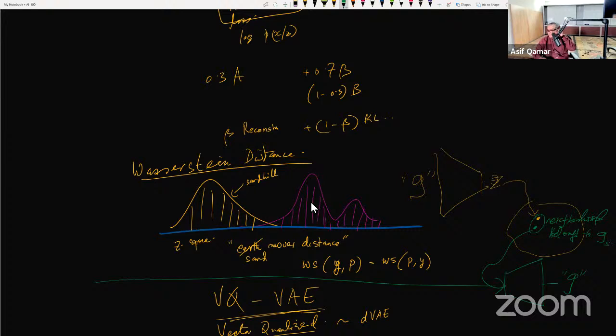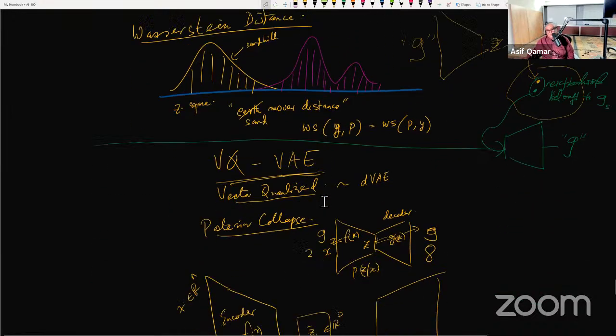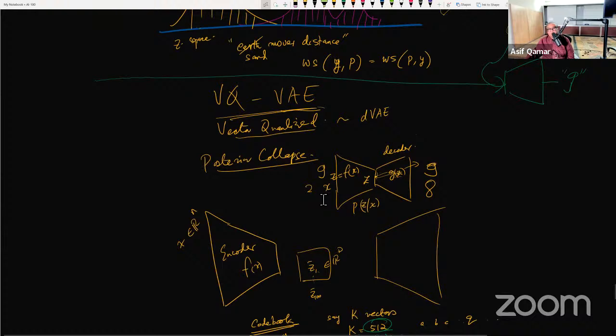It prevents it from just occupying non-local regions. So that's how variational autoencoder works. But it does have a problem, something called posterior collapse. Posterior collapse is if the decoder is very powerful, or if you're not too careful with how strongly you focus on KL divergence versus how much you focus on the reconstruction loss, you can end up with a situation where the machine just ignores whatever input comes and it produces whatever it likes.